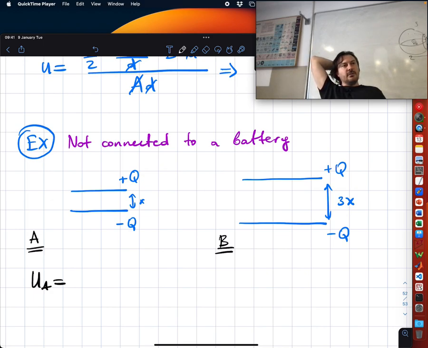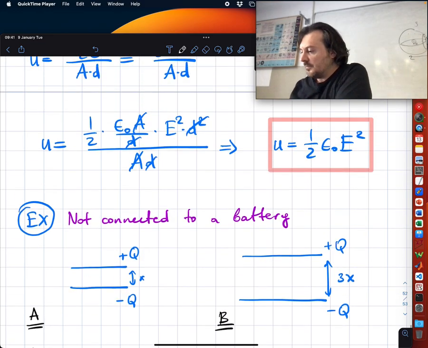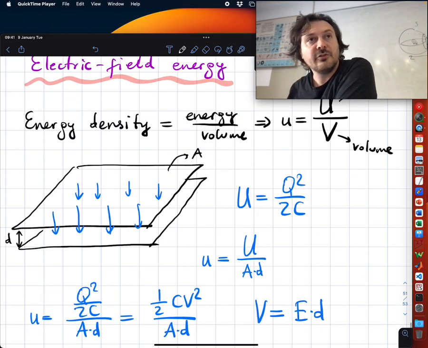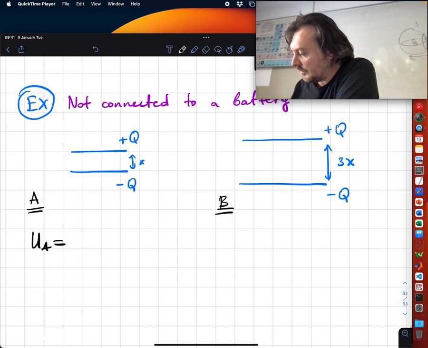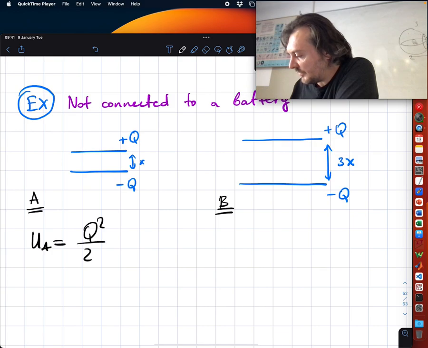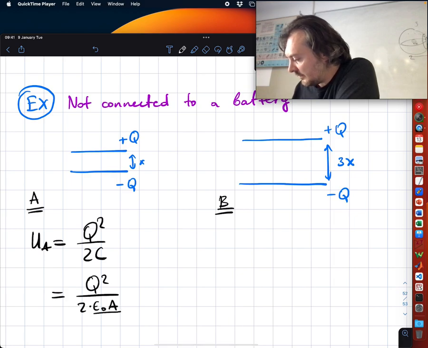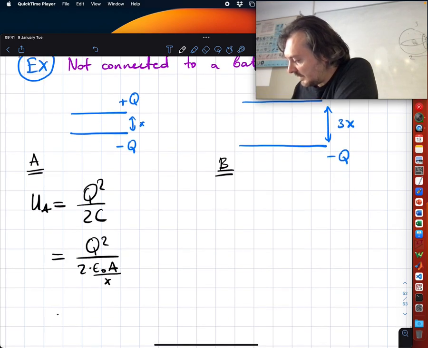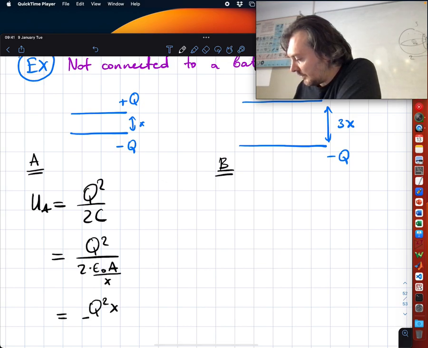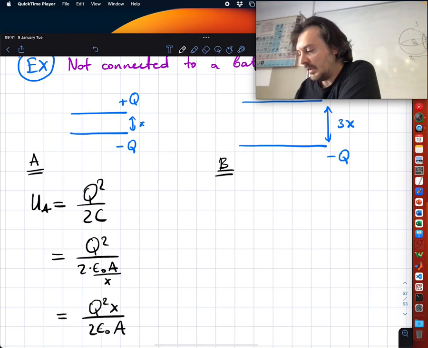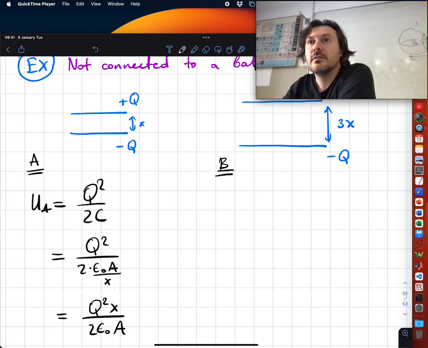Don't worry, everything is fine. We already have a formula for the potential energy, right? It's Q squared over 2C, which is Q squared over 2 times epsilon 0 A over X. So it is Q squared X over 2 epsilon 0 A. Any objection to this? No?